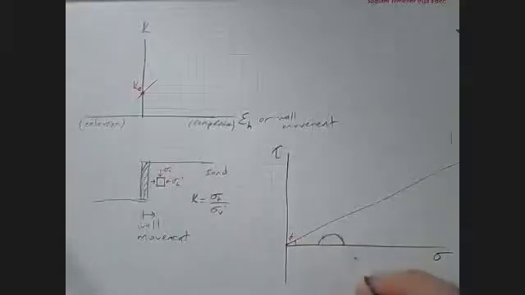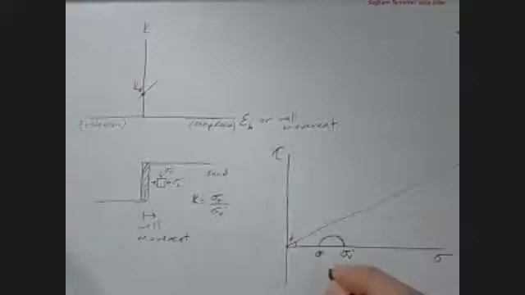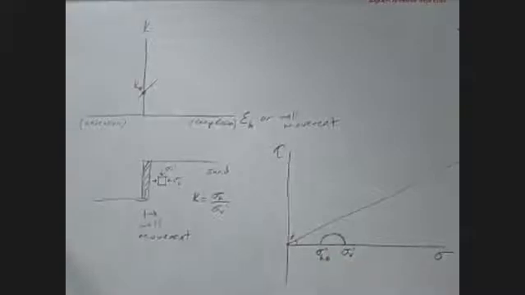So here is my vertical strain, and here is my horizontal strain at the K0 condition. So we are starting from this stress state.